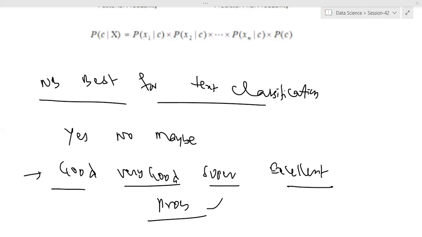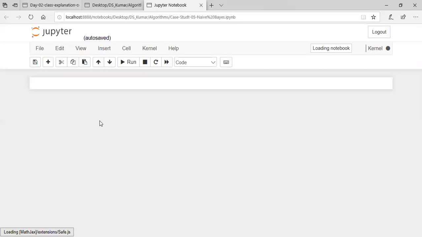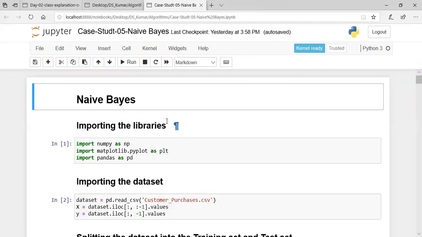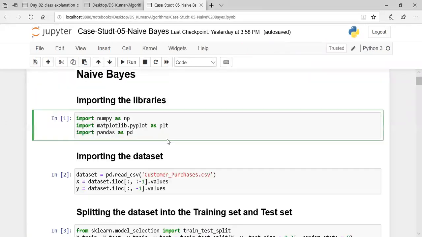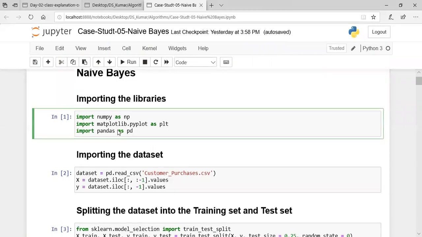Now, just to give the basis, friends, let me show this naive Bayes for you, so that you can see how this is distinct from other templates. For naive Bayes, as usual, our first step is importing the libraries.